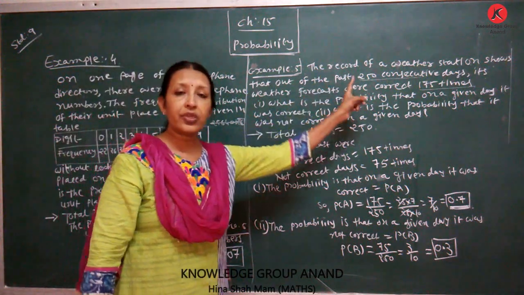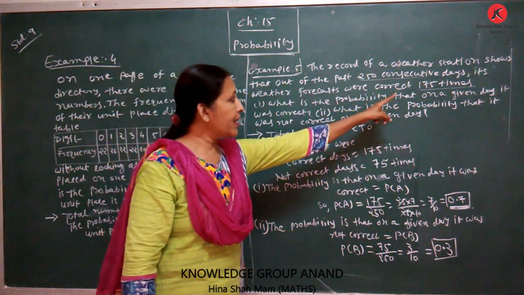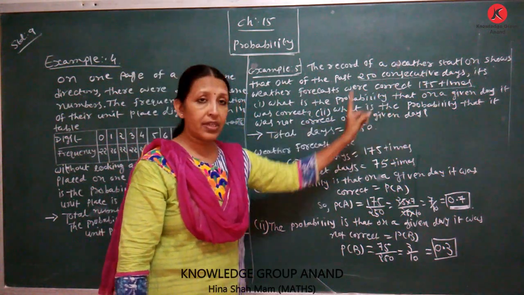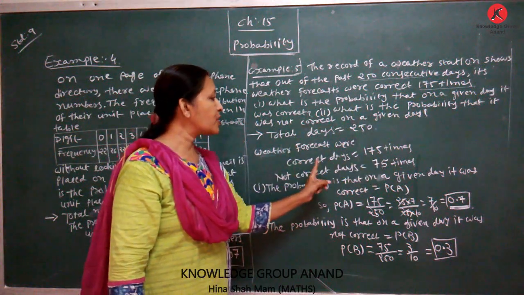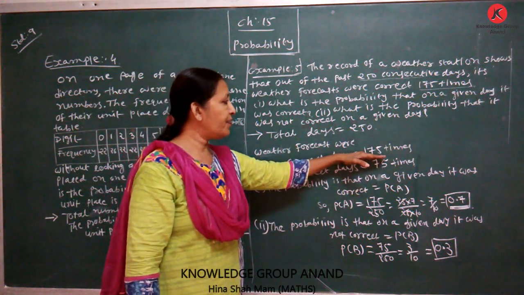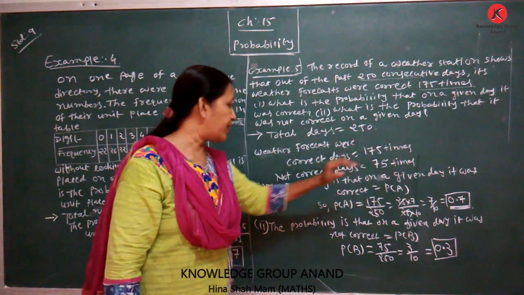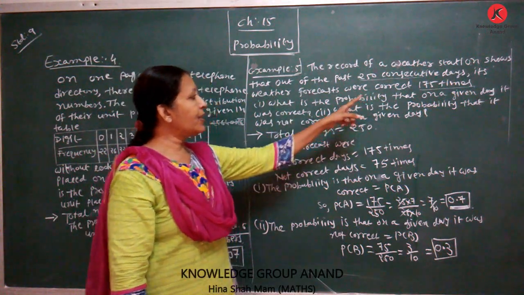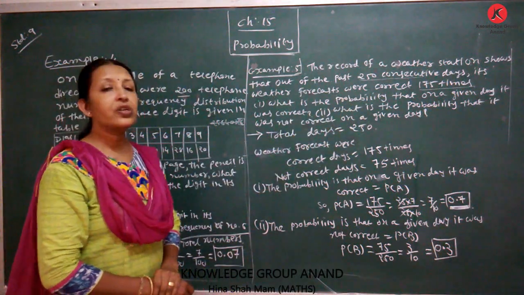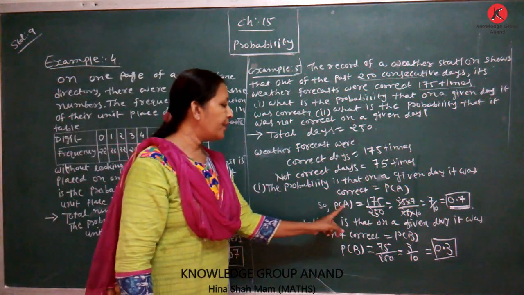Again this question: total number 250. Given correct days, correct 175 times whether report is correct. Whether report is not correct is equals to 250 minus 175, therefore 75 times. Now find the probability that on a given day it was correct days, PA.